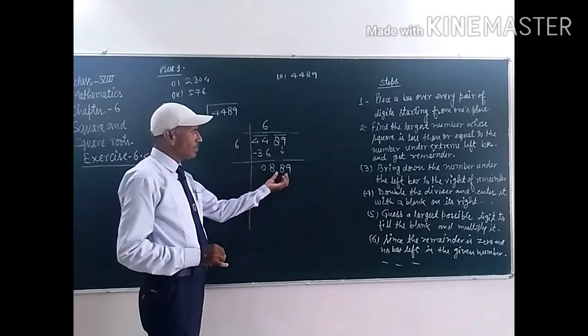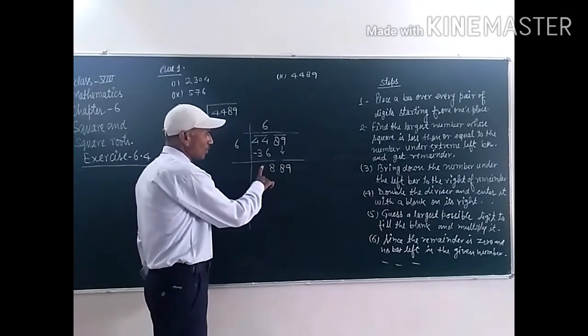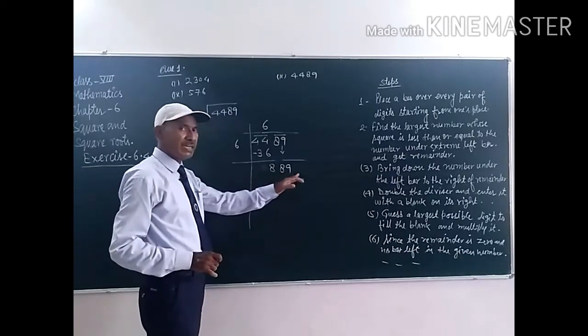Clear student? This gives 889. There is no value of this 0, so it is 889.